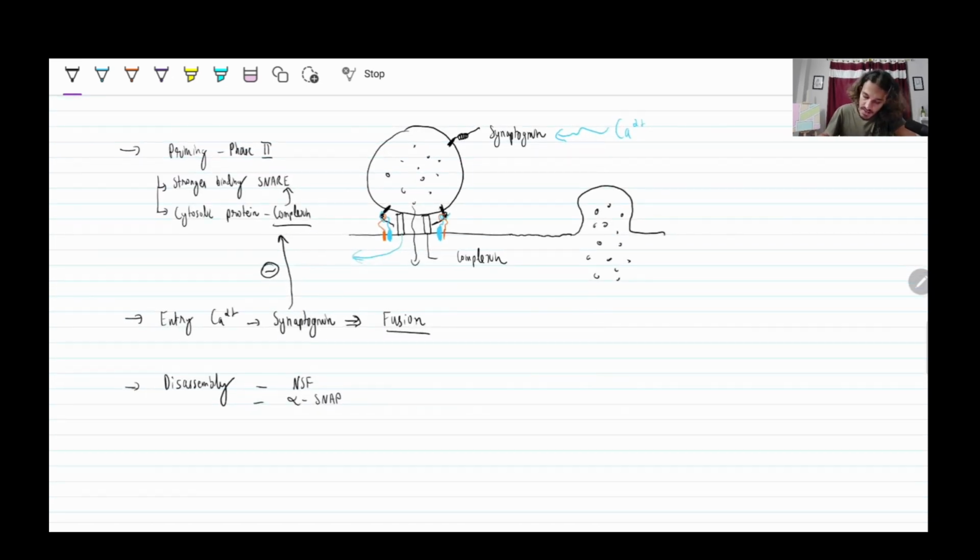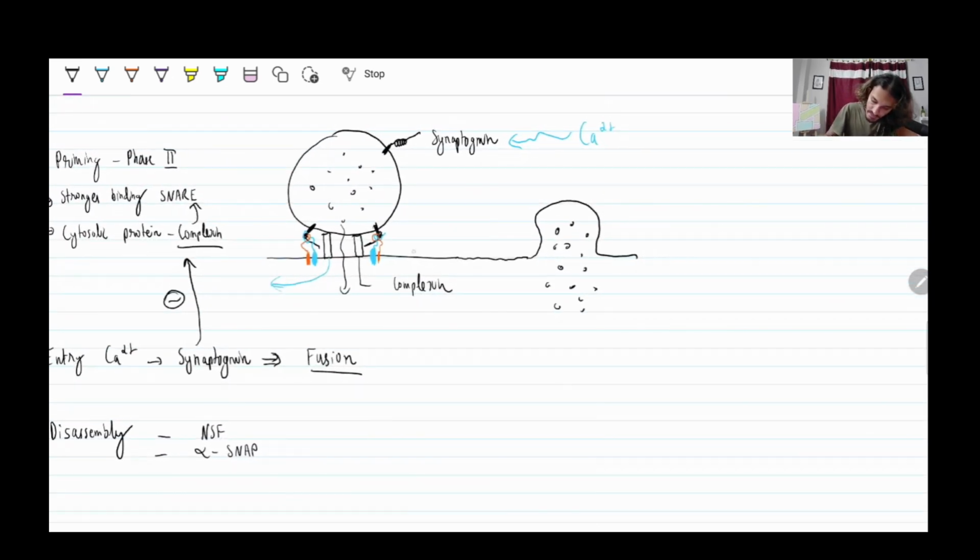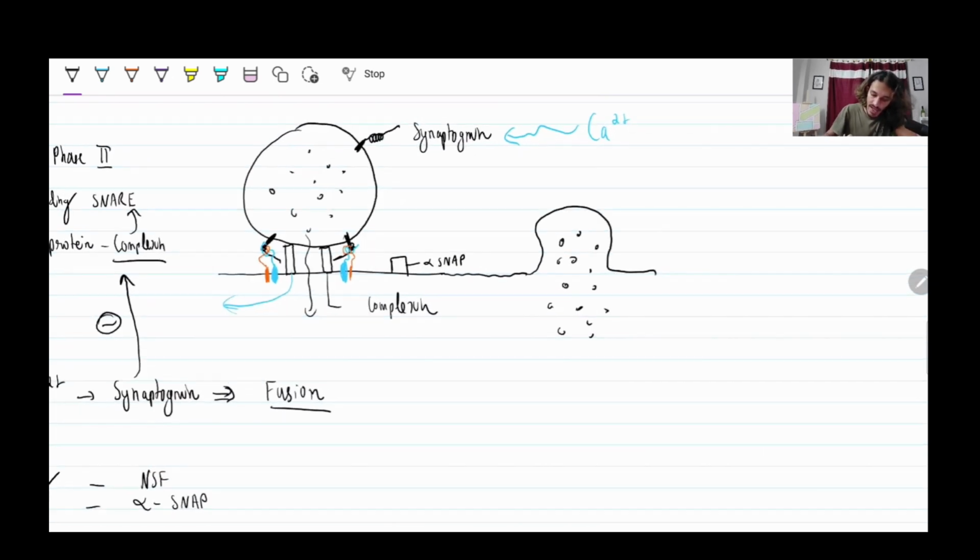The main thing here is we have alpha SNAP, and above that we have NSF. So the whole point of NSF is to utilize ATP, resulting in hydrolysis, and with that energy that is formed, it breaks this ternary complex and brings it back to its original state.